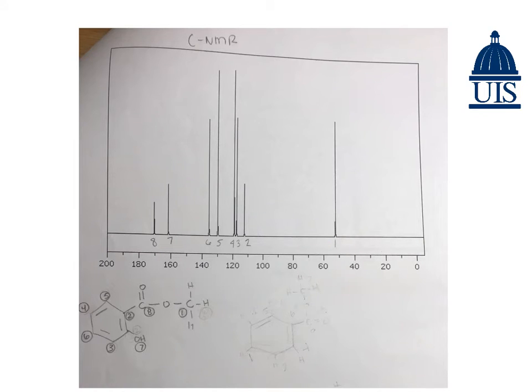The second, third, and fourth, which are all tightly packed here between the 100 and 120, are there because a C double bonded to another C has a range of about 100 to 150, and these 3 are our 3 double bonded carbons. The 5 and 6 peaks are C bonded to another C in an aromatic ring, which you see here and here, fall between the 125 and the 150 range.